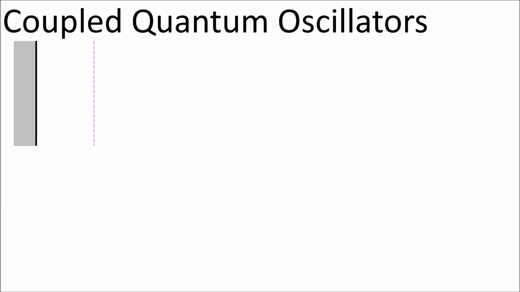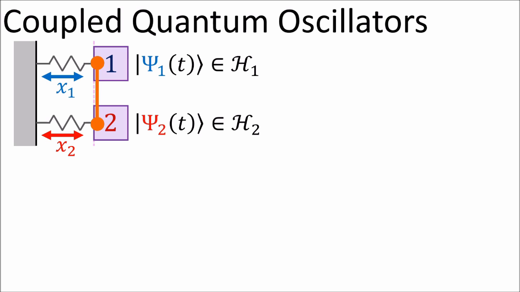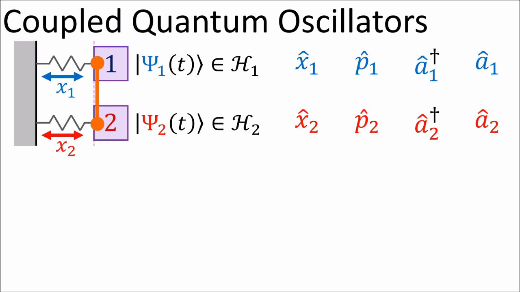Let's start with a pair of quantum harmonic oscillators, labeled 1 and 2. Each oscillator has its own quantum state psi, along with its own operators for position, momentum, and raising and lowering energy states. When combining systems together in quantum mechanics, we use the tensor product.